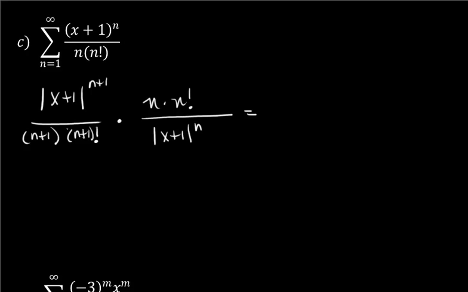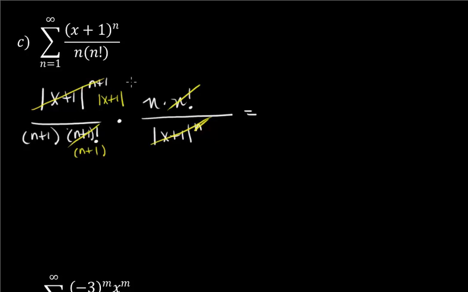All right, well, we know that n factorial cancels a lot with n plus 1 factorial, just leaving us n plus 1. And we know that x plus 1 to the n plus 1 cancels with all of these factors here, leaving us with just one factor of the absolute value of x plus 1.